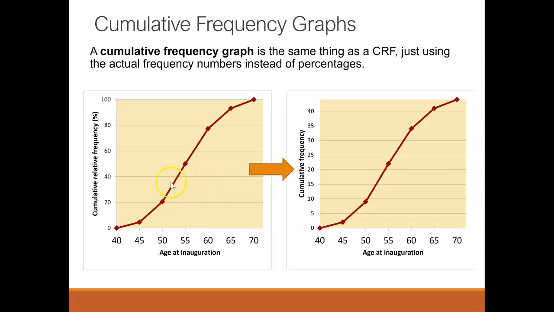What do you notice about the shape of these 2 graphs? They're the same, right? They should look the same. They may be distorted a little bit from the scaling, but if you adjust the scale, it'd be the same picture.